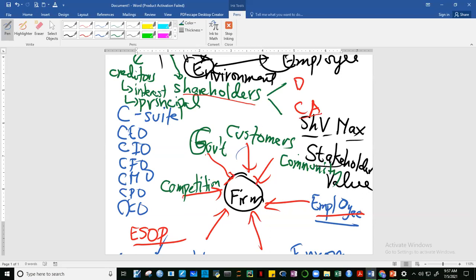No? So parang customers din, di ba? Community, in a sense, are also customers. And also, nagbe-benefit sila kasi pag good social citizen yung firm na yan, magpo-provide yan ng mga additional services to the community like maybe health services, education, employment also.